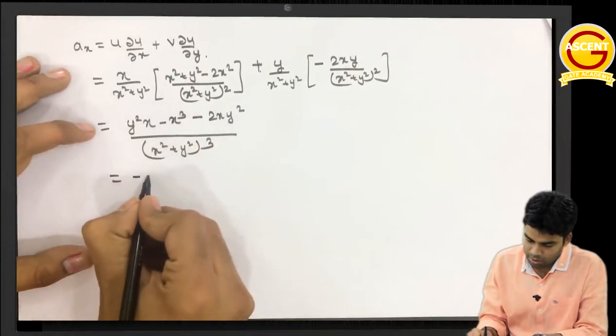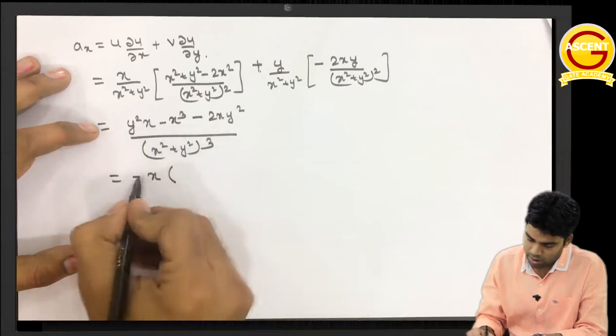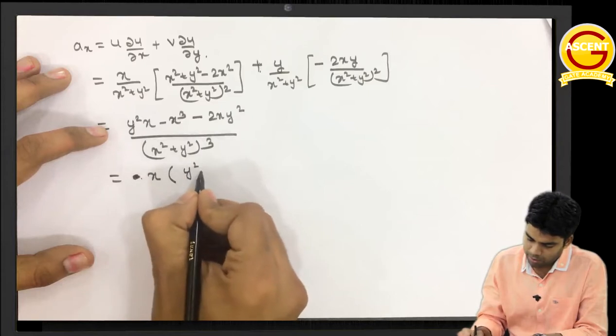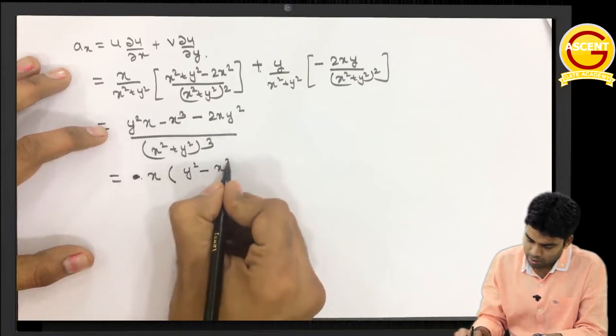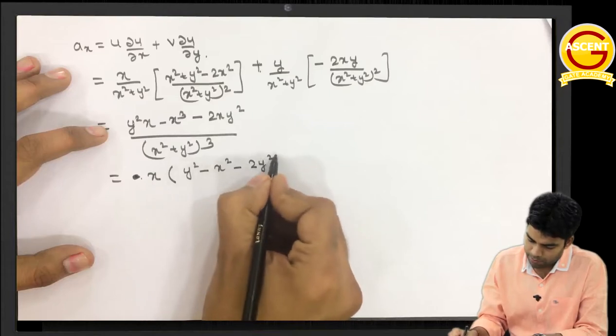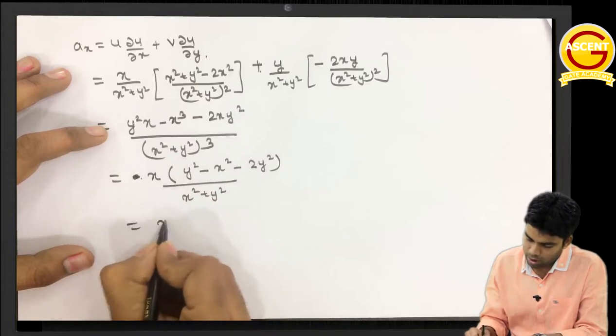So this will be minus x taken as common, and we will get y square minus x square minus 2y square divided by x square plus y square.